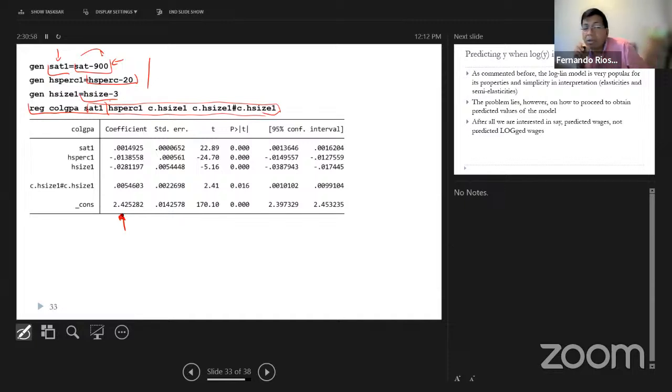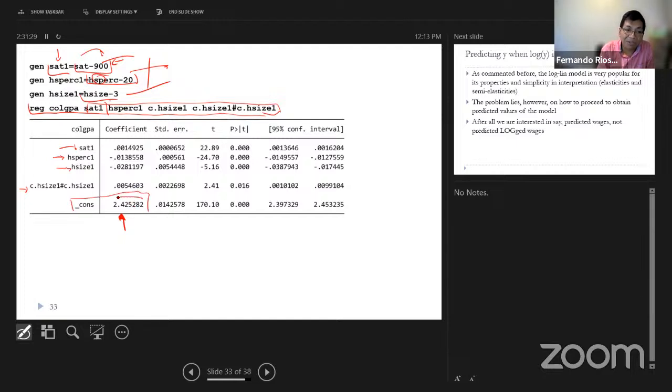Now, if you remember, the idea of the constant is to provide you a prediction on what would happen when all the variables in your model are equal to 0, right? And all these values are going to be equal to 0 only for a person that has an SAT score of 900, a high school percentile of 20, and lives in a household of 3.